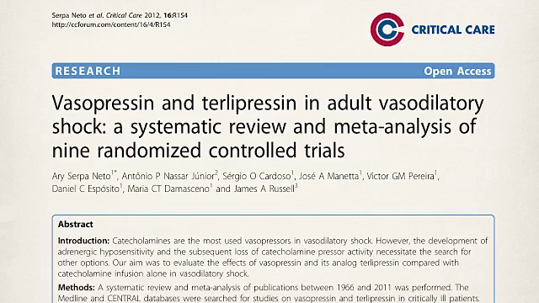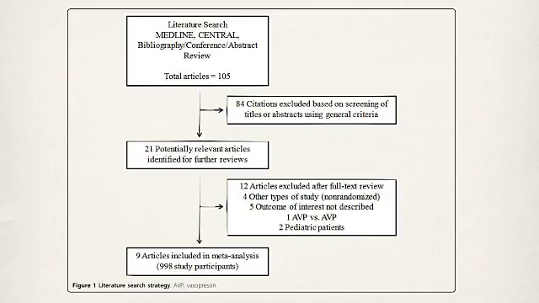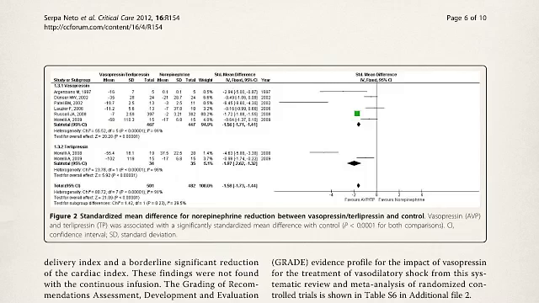They are comparing both of those in vasodilatory shock. This is a systematic review and meta-analysis of randomized controlled trials. They ended up with 9 articles out of 105, which included about 1,000 patients, which is a good number.